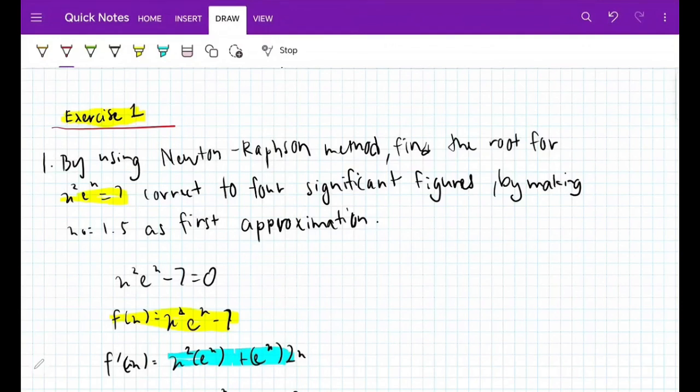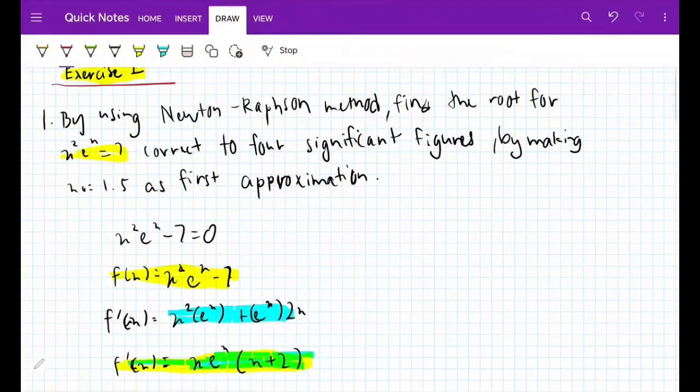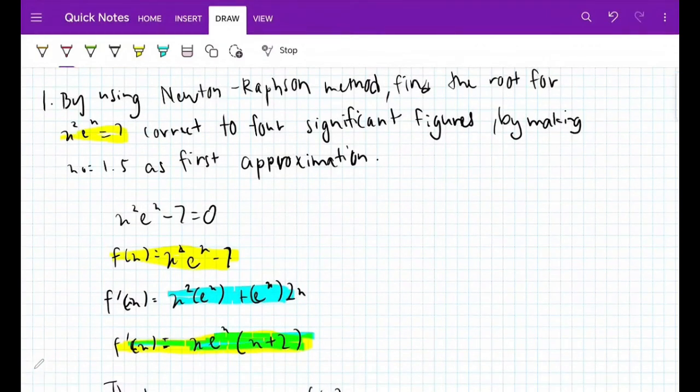So once we've done this, we bring 7 to the other side, in which we equate it equal to 0. We equate it to 0 and we equate it then to f of x, so it's like another function. So this is same as what I've done over here.